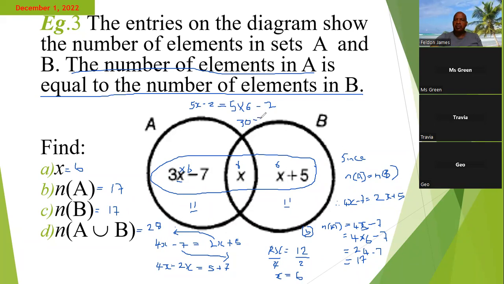Minus 2, you get 28. You follow, Miss Trevia? Yes, sir. Right. So you can do it that way, or you can just plug in the values in this and just work it out.